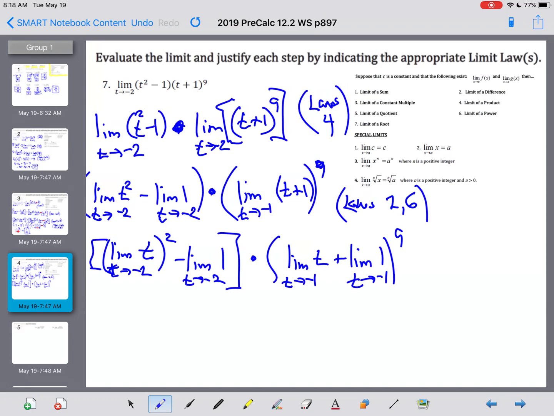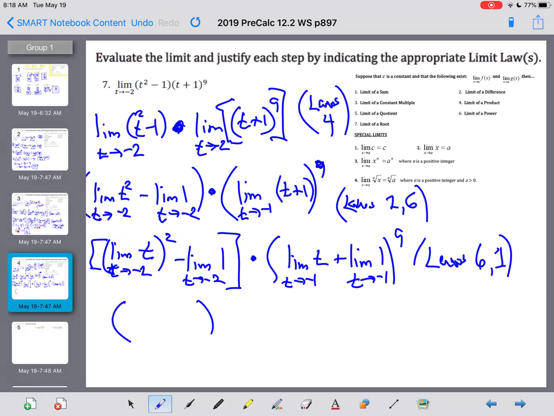Okay, so now here I use law 6 for the power, and then I use the sum, so that's laws 6 and 1. Now I believe I can go ahead and start simplifying here.